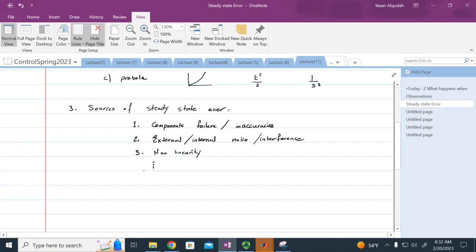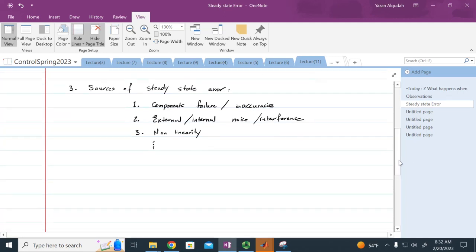Now, what we are interested in is not the steady state error that will result because of any of these, but rather we are interested in the steady state error that is a result of the system configuration. Is that clear?